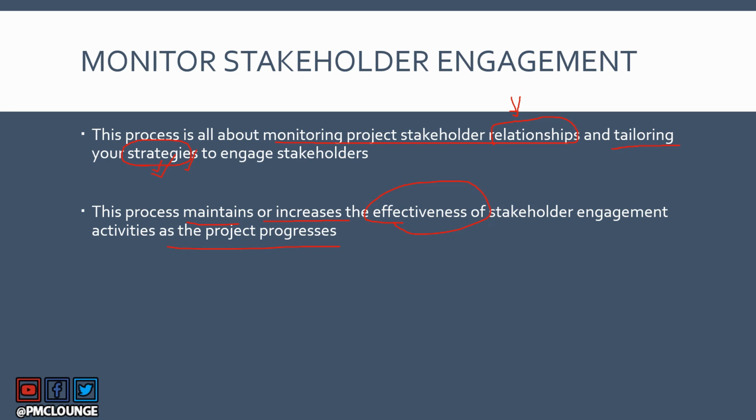Things may go down south, some things may go right, some things may go wrong, mistakes happen. All of that happens as your project progresses. So you need to maintain the effectiveness of your stakeholder engagement, or try to increase the effectiveness of your stakeholder engagement as your project progresses further.